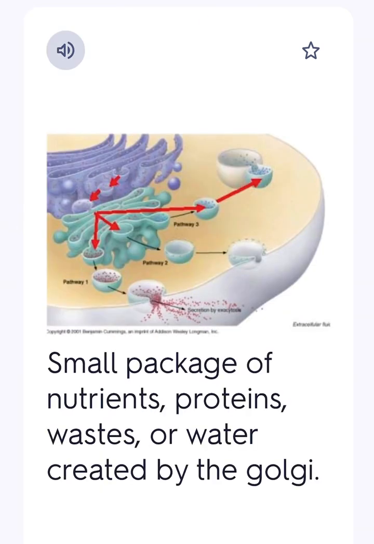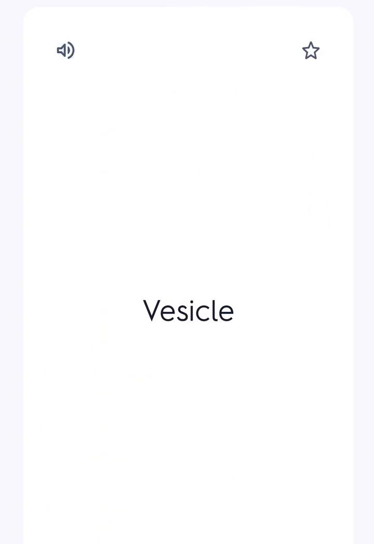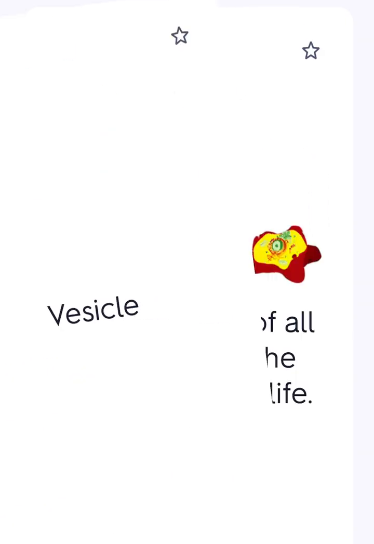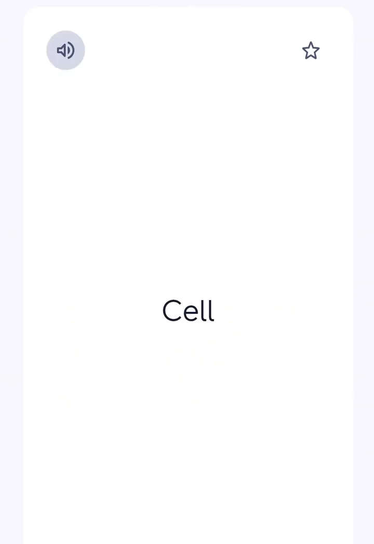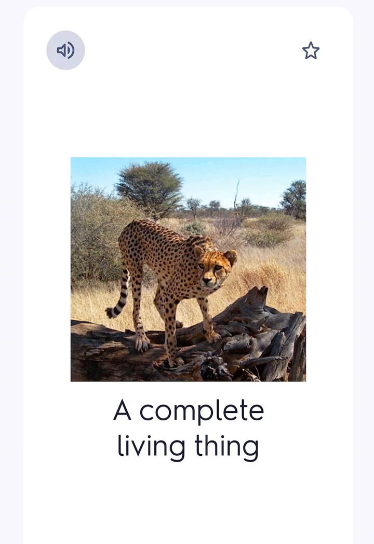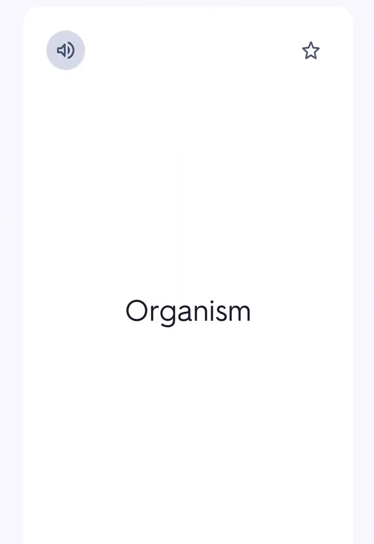Small package of nutrients, proteins, wastes, or water created by the Golgi. Vesicle. The basic unit of all living things. The smallest unit of life. Cell. A complete living thing. Organism.